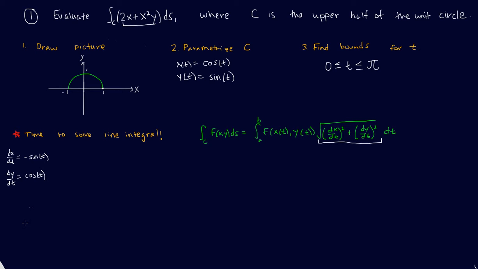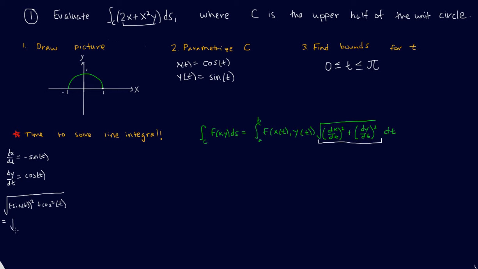Now, I'm going to use those two things and plug them into my square root expression. So I'll get negative sine of t squared plus cosine squared t. Okay, well that negative is just going to go away when we square it.